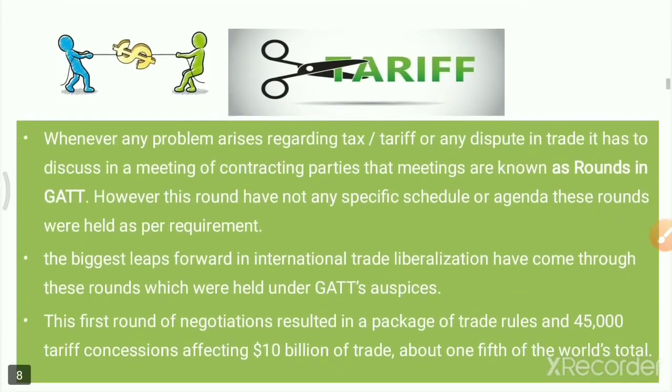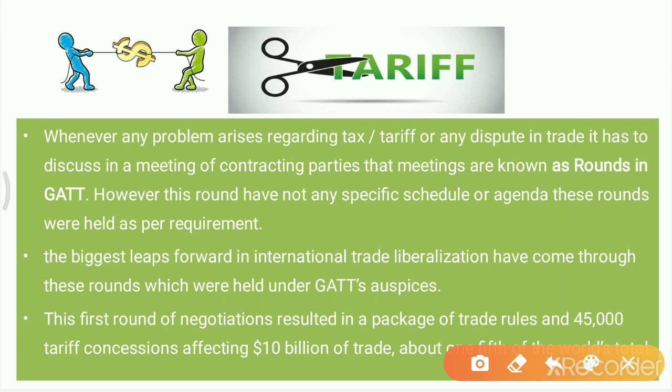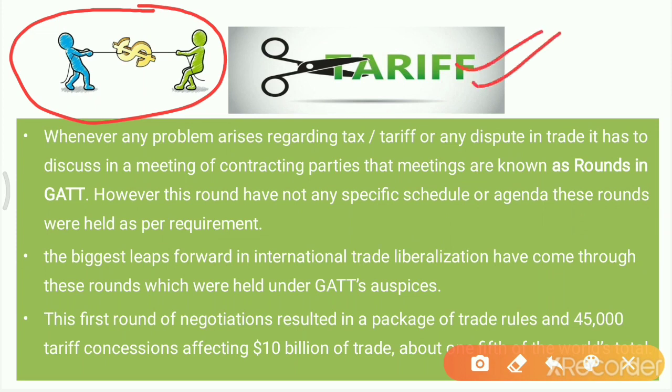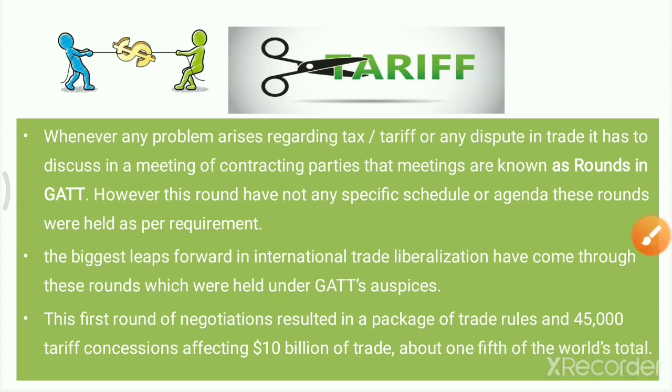But as there was growth in trade, there may be conflict to gain more profit. GATT reduced tariff, or in simple terms, taxes. Due to the reduction in taxes, there was liberalization, and the entire world was on one platform for doing trade. Whenever problems arose among participating countries, to solve those disputes one meeting was organized every time.